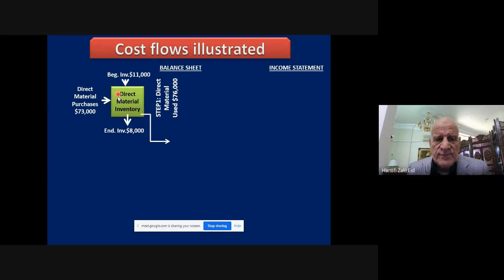This method is an approximate method to determine the costs of materials issued. But if you want to have a precise method, companies must have records. They must have a material ledger.